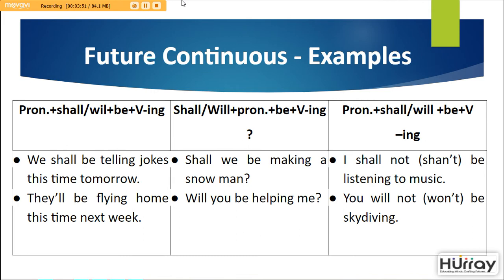Here you could also put it in the form of contractions: I shall not or shan't be listening to music. You will not or won't be skydiving. These are some examples of the future continuous tense.